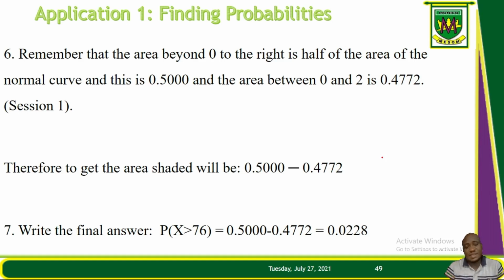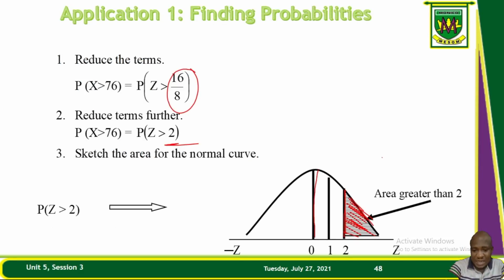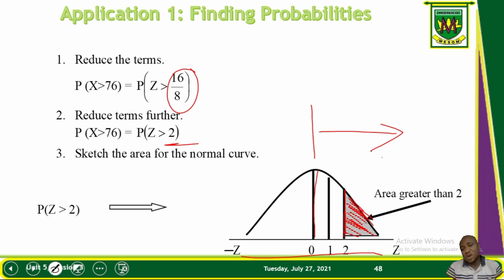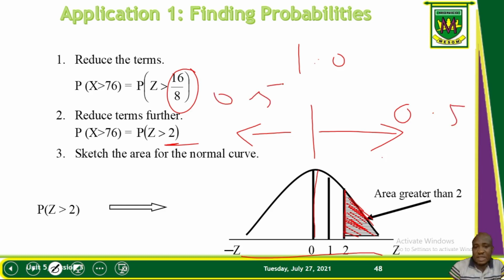The next step, you remember I said the area under the curve is 1. And since I've taken a stand, I'm moving towards the right direction, greater than, I'm going to consider only one half of the curve. If the total curve is 1.0, then one half of the curve will be 0.5, and the other side will also be 0.5.